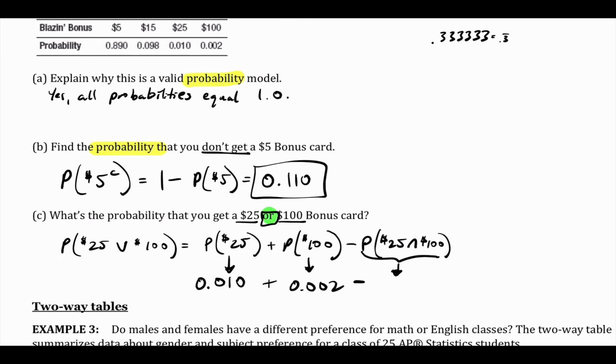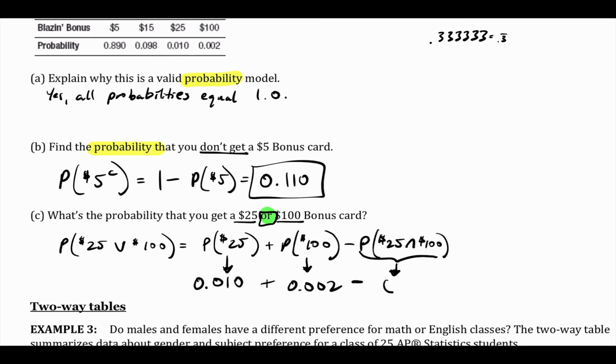I have to walk into Buffalo Wild Wings and buy a $25 gift card. And for this to be true, they have to give you $25 more and then $100 on top of that. What's the probability of that happening? It's not going to happen, right? They're either going to give me a $5, a $15, a $25, or $100. They're not going to give me two, right? So the probability of that happening is just 0.